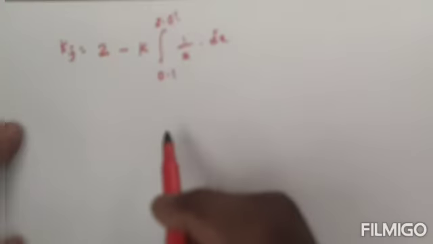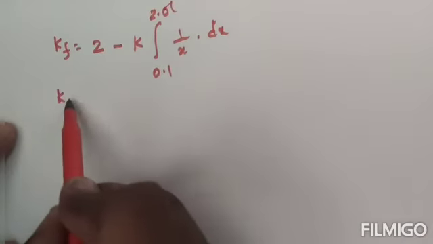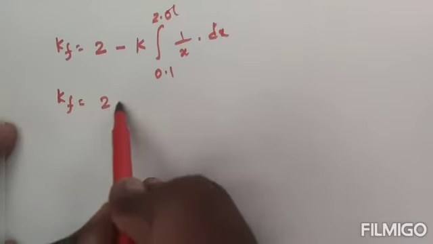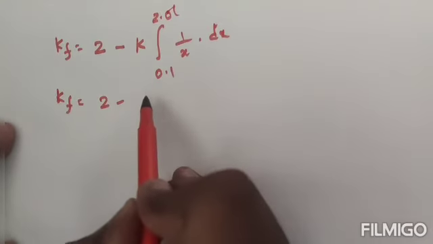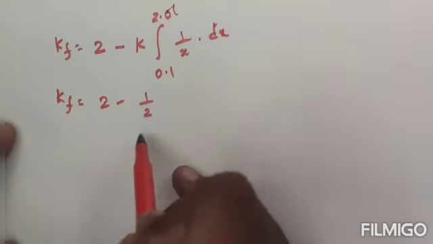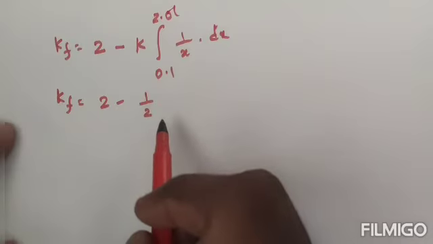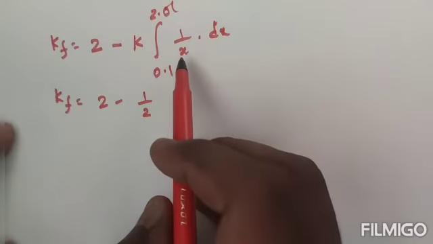Okay, so next step, Kf is equal to 2 minus K value given as 0.5 joule, that is I can write as 1 by 2, then integral 1 by x.